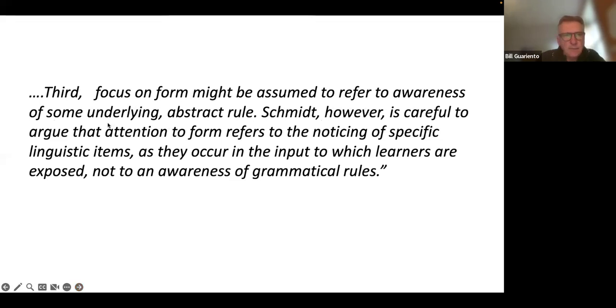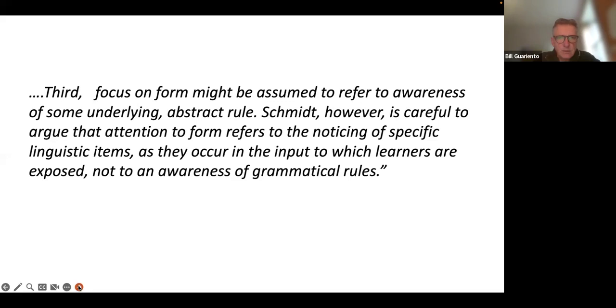Schmidt, however, is careful to argue that attention to form refers to the noticing of specific linguistic items as they occur in the input to which learners are exposed, not to an awareness of grammatical rules.